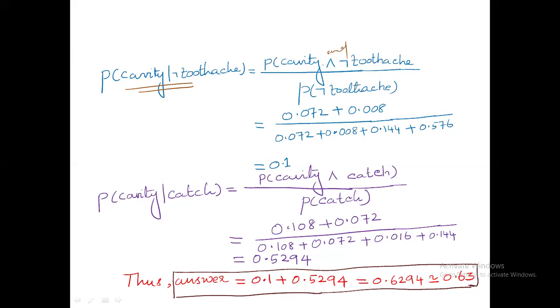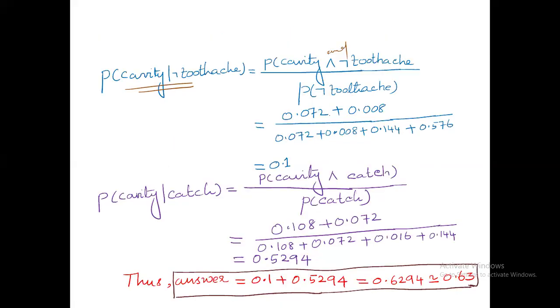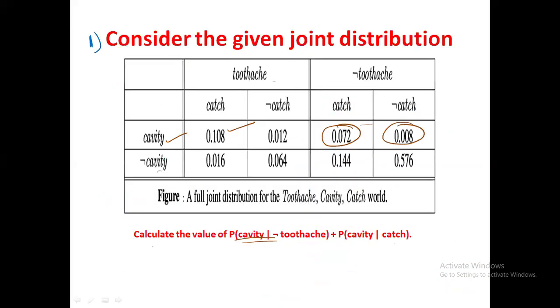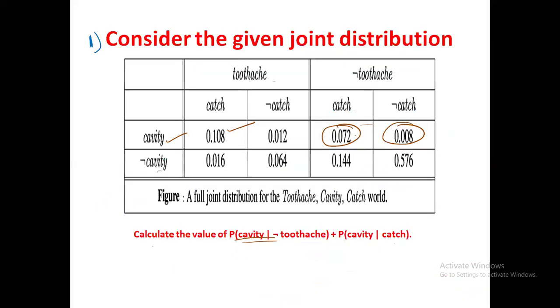Otherwise we can call it intersection toothache bar. Where the cavity is present and toothache bar, this is the cavity 0.072 we are writing over here and 0.008. So the common intersection values divided by toothache bar.